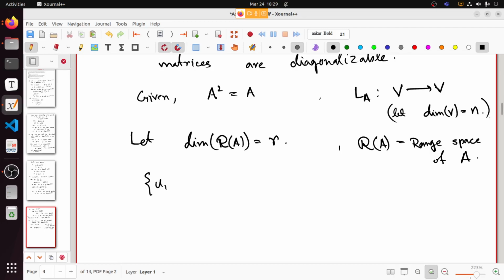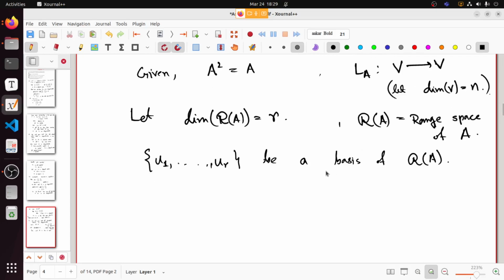Let's take u1, u2, up to ur to be a basis of the range of A. Since they are in the range, each has a pre-image, which implies A of vi equals ui for some vi in V, for i equals 1 to R.